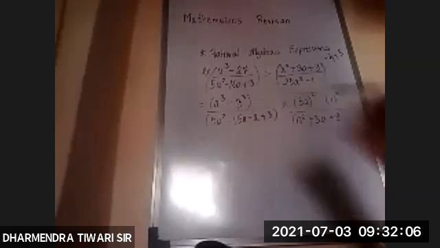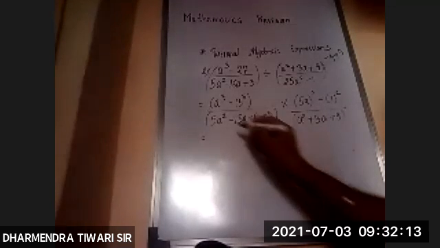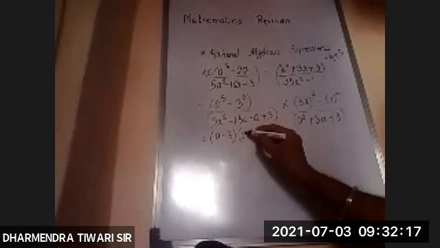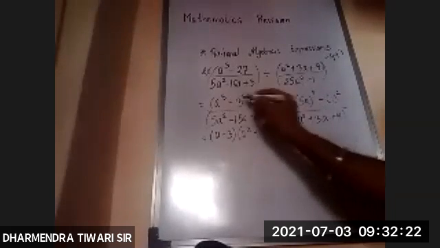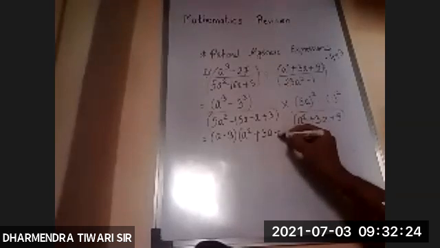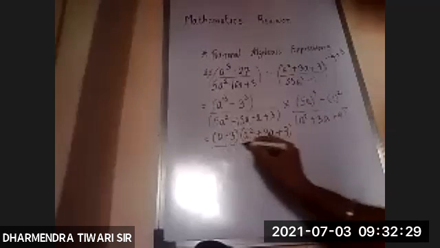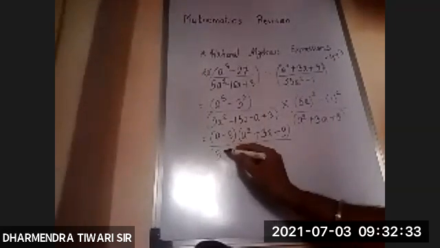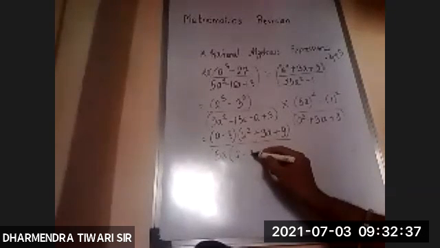So the formula for this is a minus 3 into a square plus a into b, means a into 3, that is 3a, plus 3 square, 3 square is 9, divided by. Here, 5 is common, a is common, but remains a minus 3.